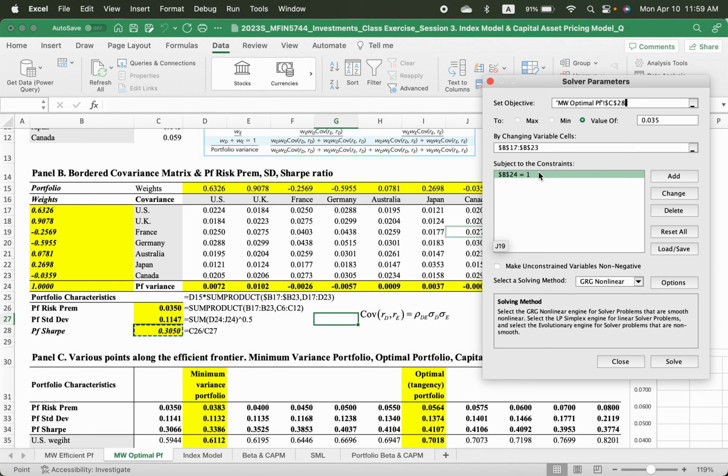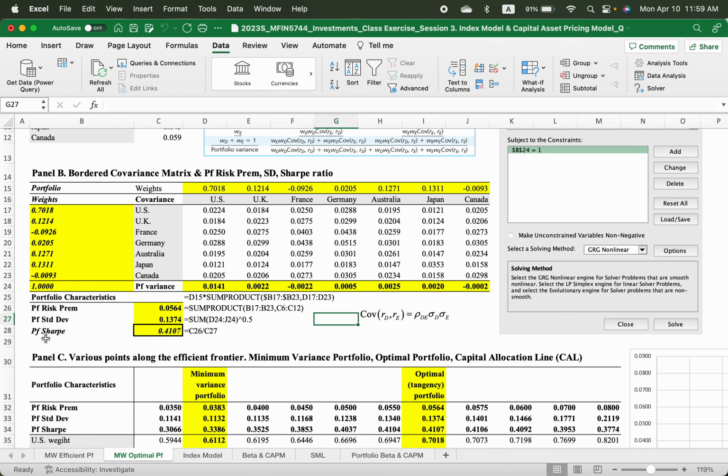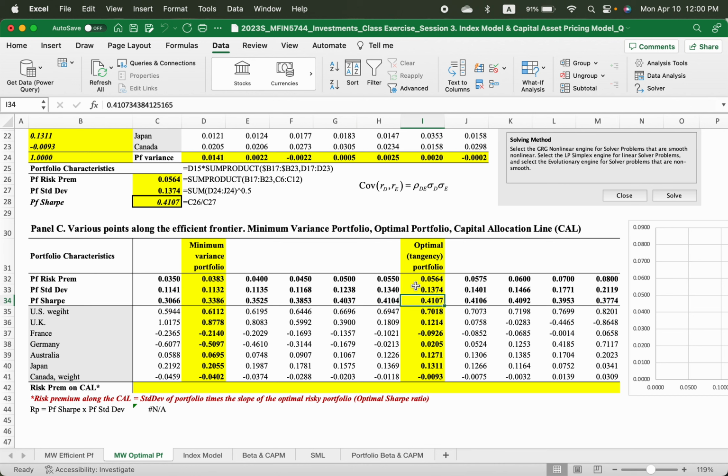So let's maximize it by changing the variable, which is the weight, subject to the constraint of the total portfolio being 100%, and then solve. Okay, so we found the maximum Sharpe ratio we can achieve is 41%, with a 13% standard deviation and a 5.64% expected excess return, or risk premium.